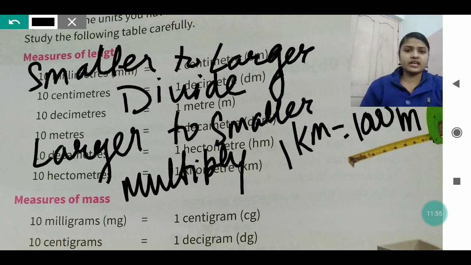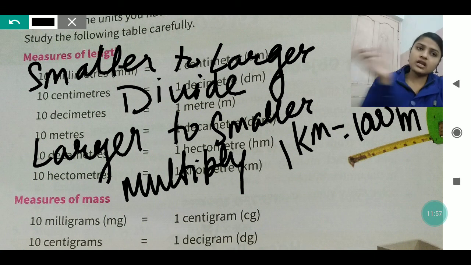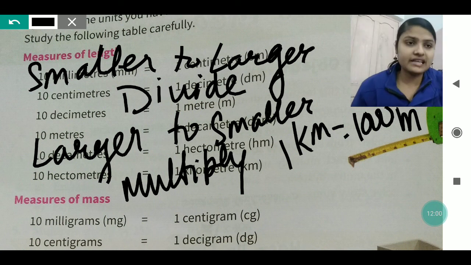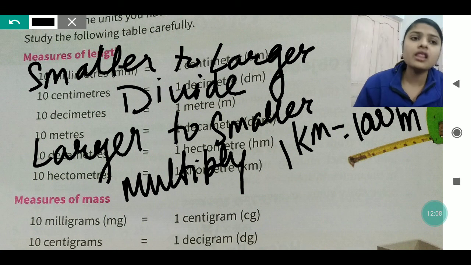Whenever we are converting the smaller units to the larger unit, we always divide. Like when you are converting meters to kilometers, you will divide. When you are converting kilometers into meters, you will multiply.